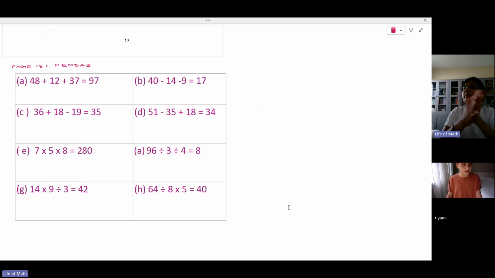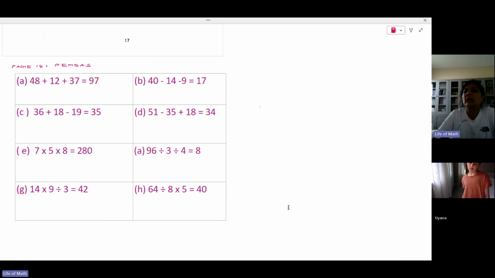But look at this question number H. In H, you have division first. So you have to do 64 divided by 8 first. You cannot do 64 divided by 40, where 8 times 5 is 40. Do you understand? If you do 64 divided by 40, your answer will be very different.